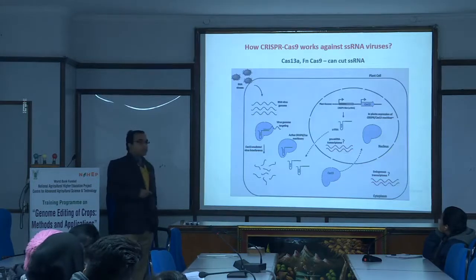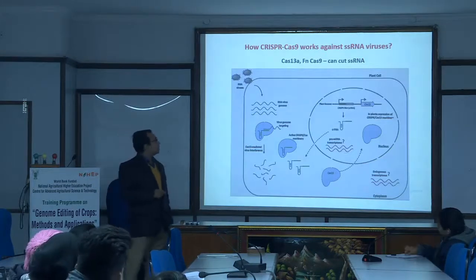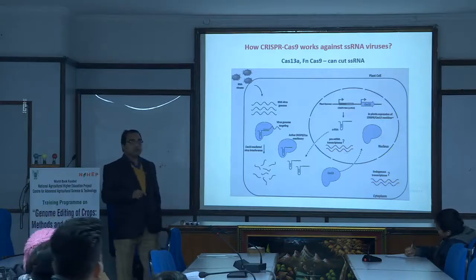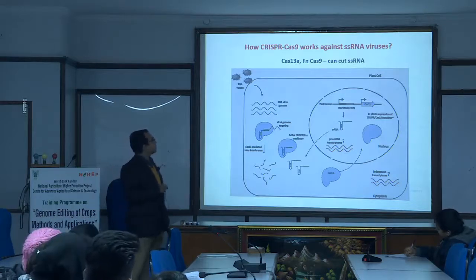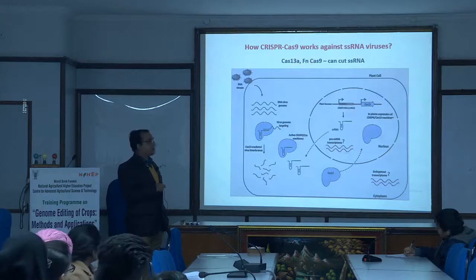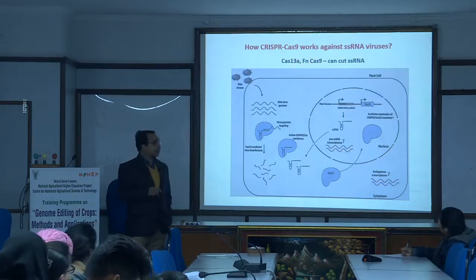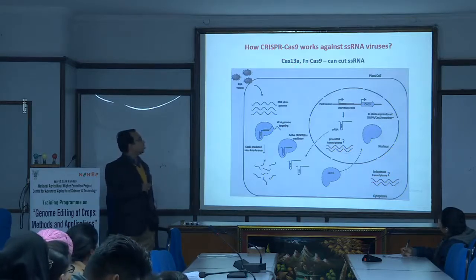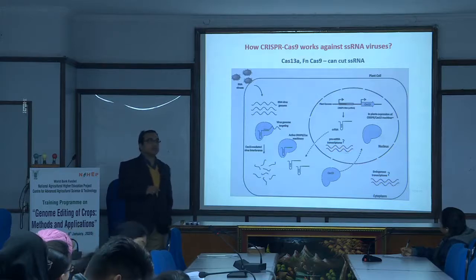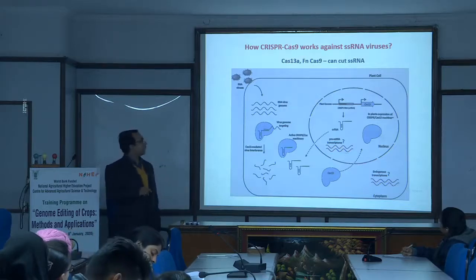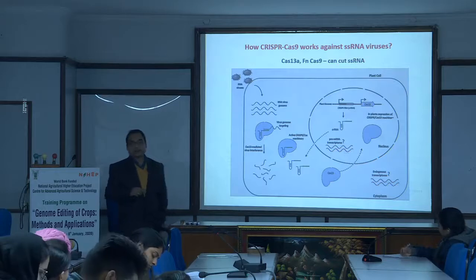Now, coming to RNA virus editing, after the discovery of a different Cas protein called Cas13a, or a variant of Cas9 called FnCas9, it has been shown that these proteins, instead of cutting DNA, can also cut single stranded RNA.